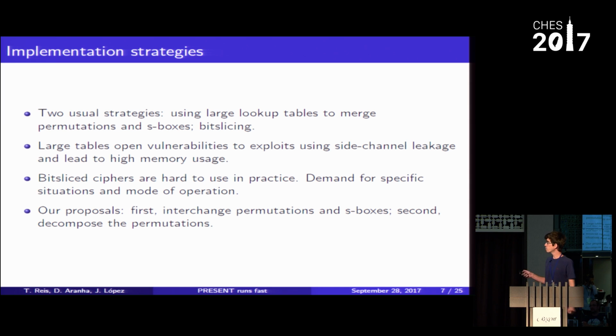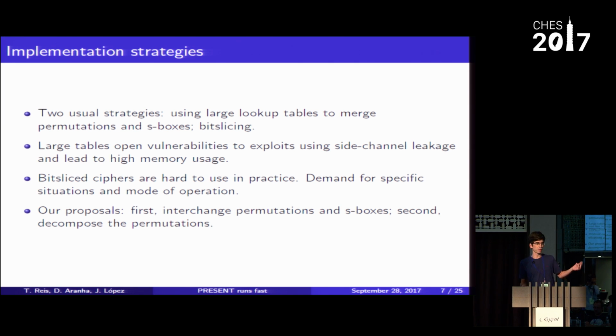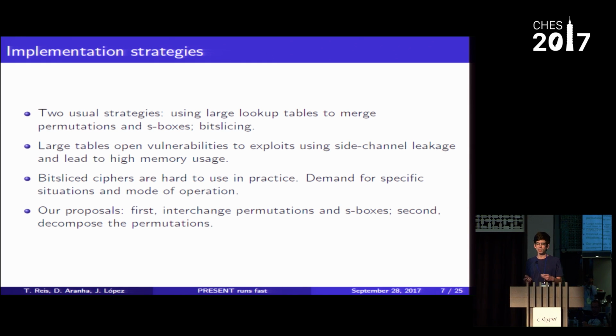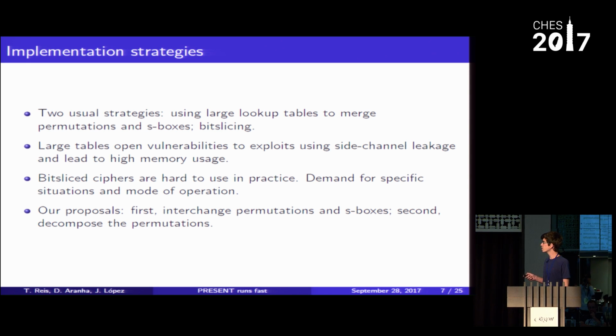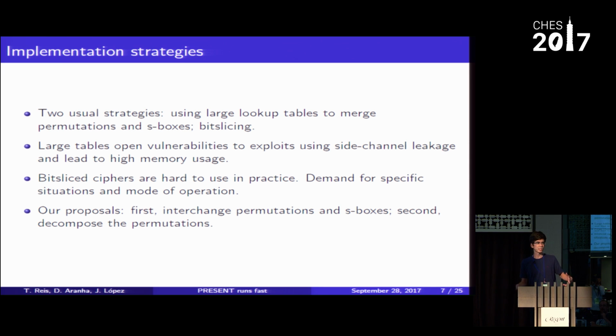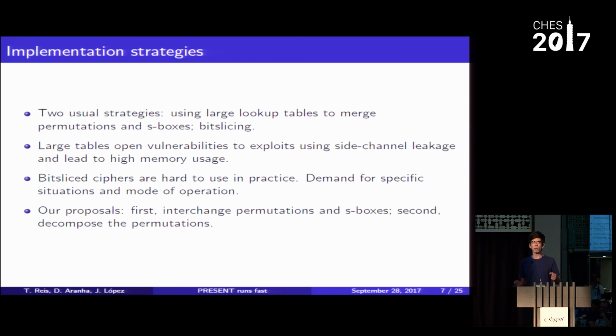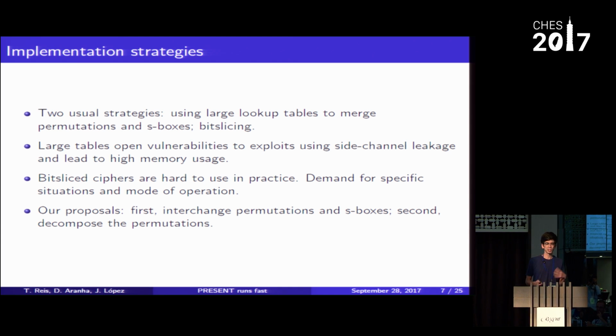And the second way, bit slicing, usually provides efficient implementations, but has limited applications, because you usually need a large amount of data to encrypt or decrypt for it to be efficient. For example, if you have 2 blocks or 1 block of data to be encrypted using a bit sliced implementation, your performance will be terrible.